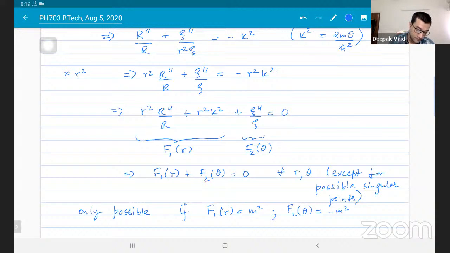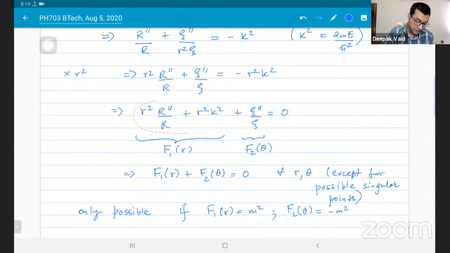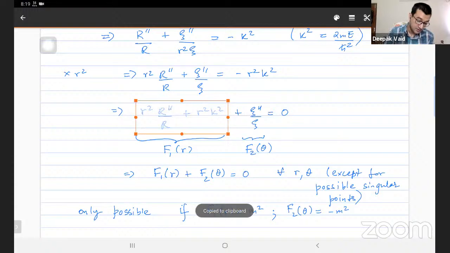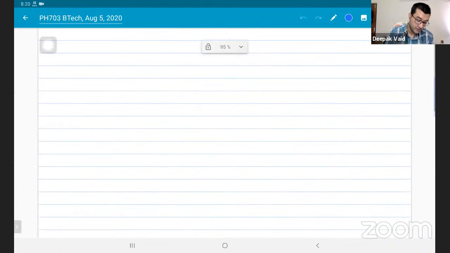So is this fine? Is this clear why this should be the case? I just don't want to throw it to you as an assumption that you have to take for granted. Please understand why this should be the case. Okay. So now, once we have this, the problem separates into two different equations.